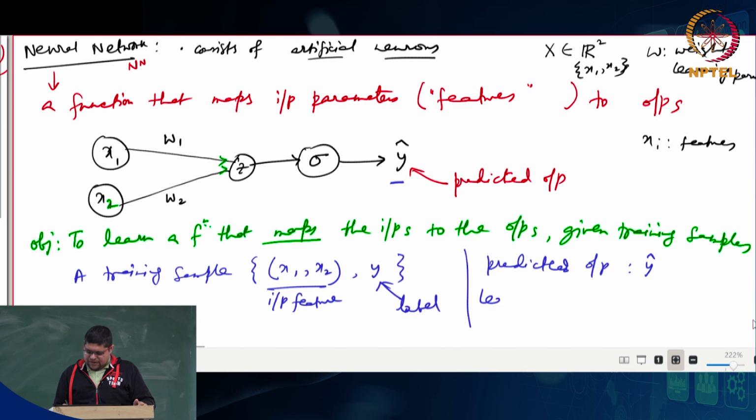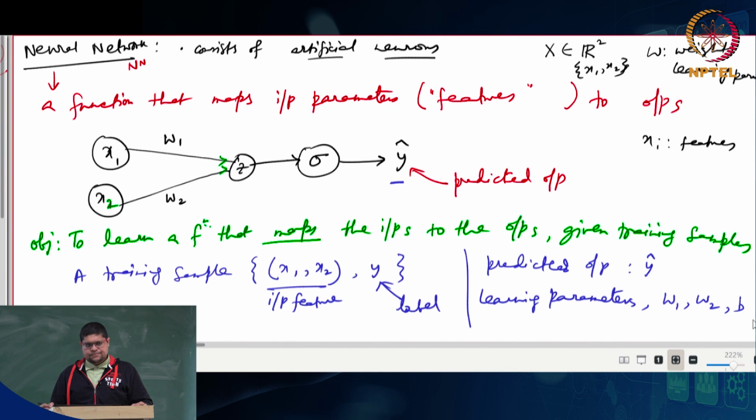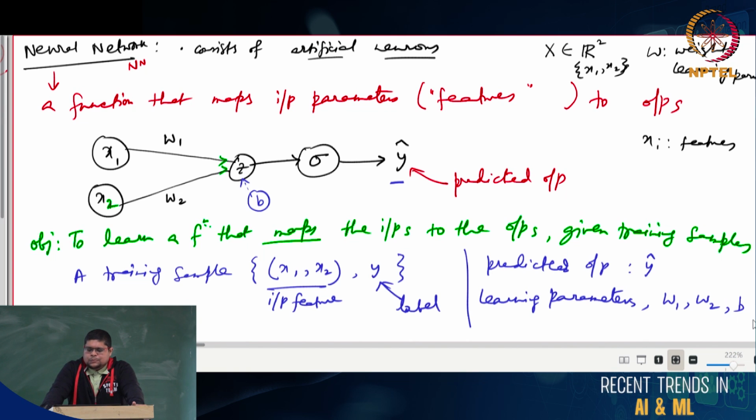And your learning parameters will be here W1, W2, and I will discuss on this a little bit later in detail, W1, W2 and B. So here I will have one bias component. Okay. So what does it mean?